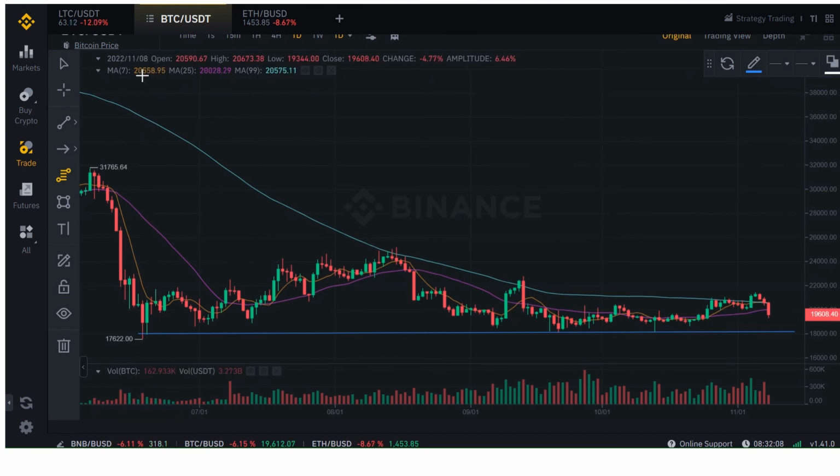The purple one has 25 candles, and the blue one is 99 candles. So it calculates the average. For example, this purple one is calculating the average price for the last 25 candles, and it gives you a trend line. So there are various ways to know whether to buy or to sell.